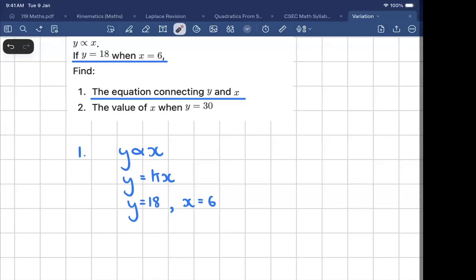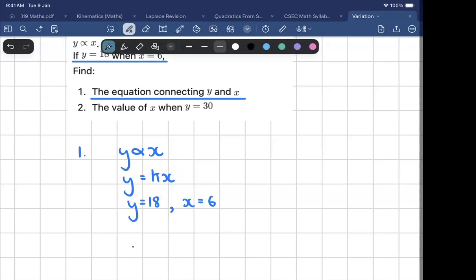So Nikolai, you know that Y is 18 and you know that X is 6. Good. So you could plug that in and get your answer. Anywhere I see Y, I could write 18. I don't know what K is; we're trying to figure out what K is.